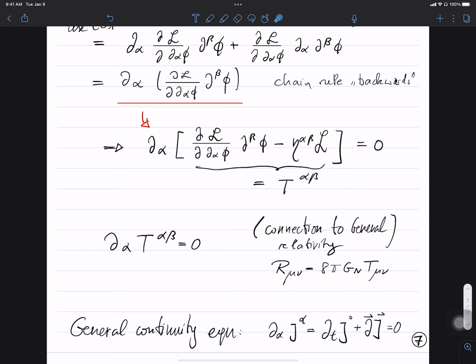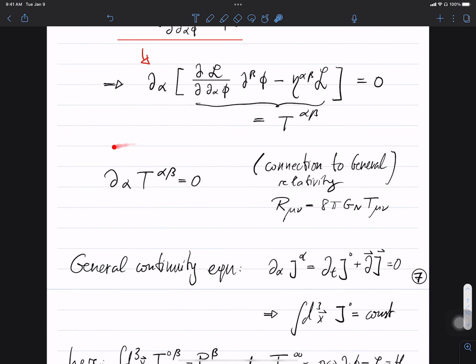That means I can also define this quantity here, this so-called energy momentum tensor, and we see that this energy momentum tensor is conserved. That's called covariant conservation. Yeah.